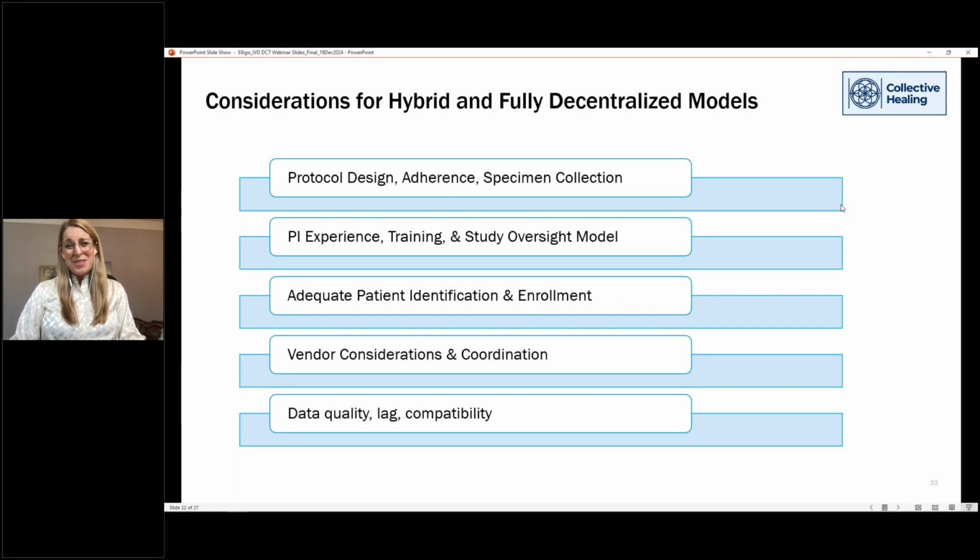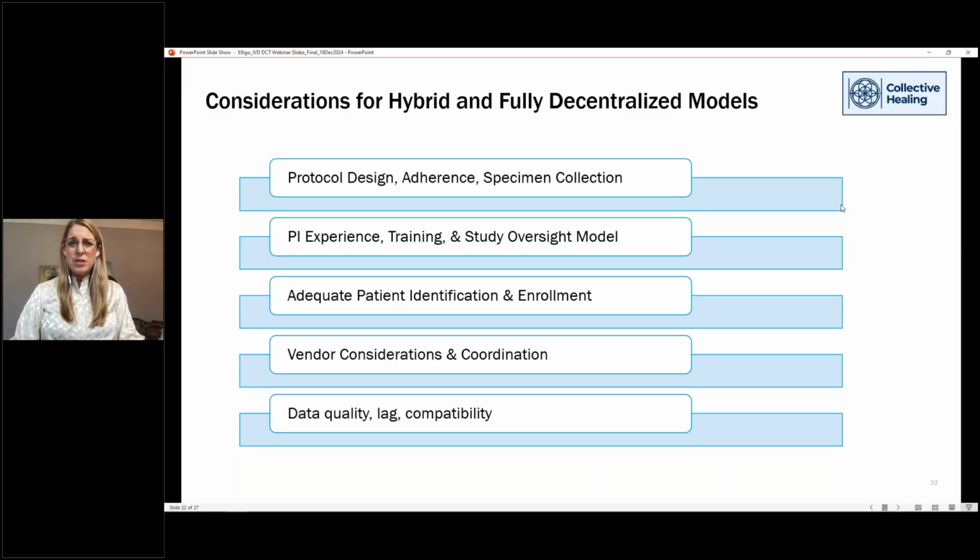In research, as we saw by the poll as well, there still remains hesitation due to lack of familiarity with the DCT design and challenges identifying opportunity for applying these decentralized models to study designs.